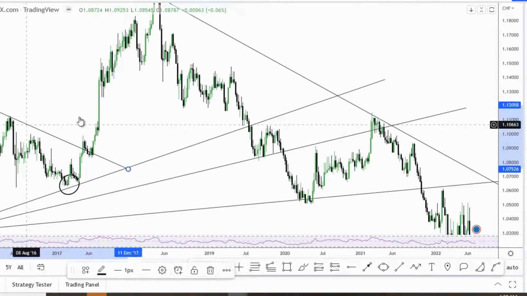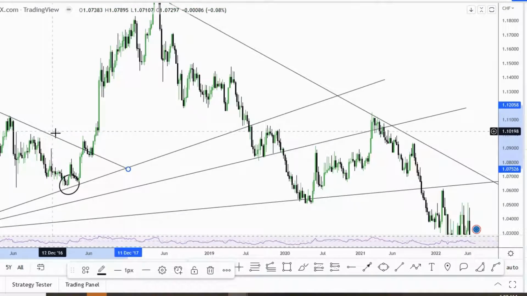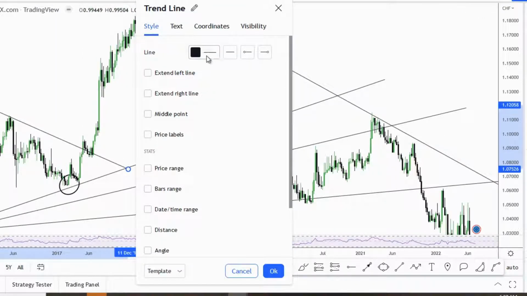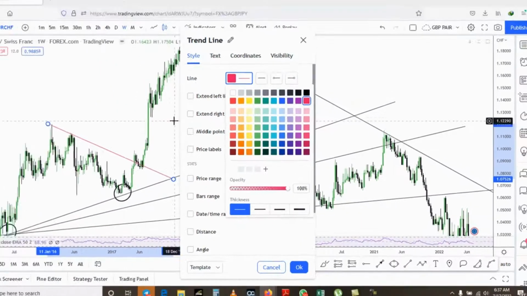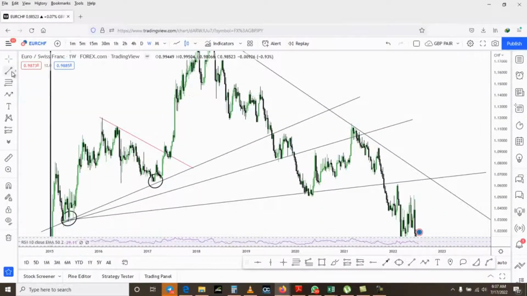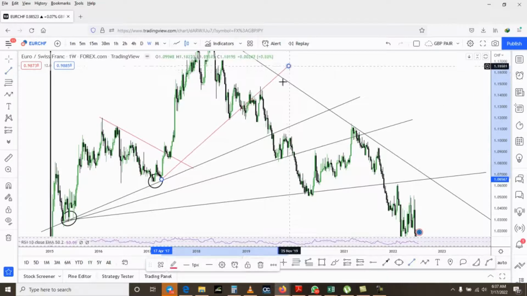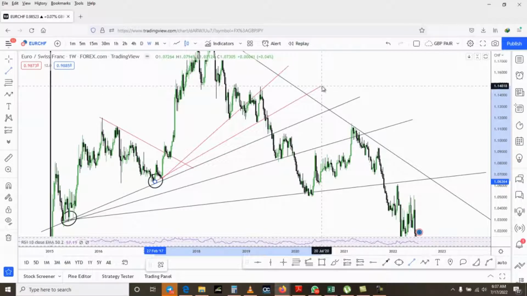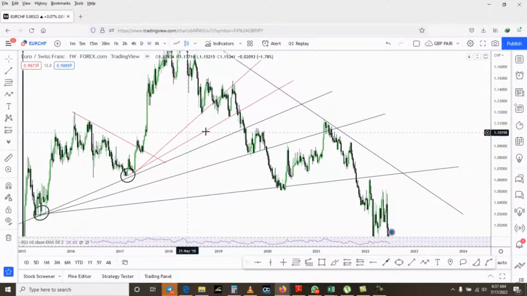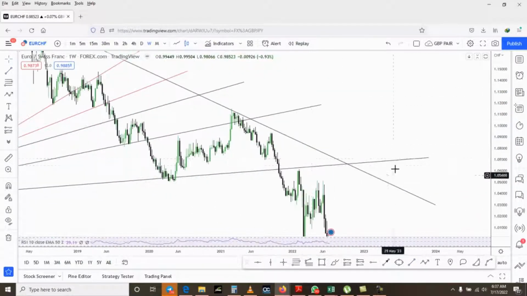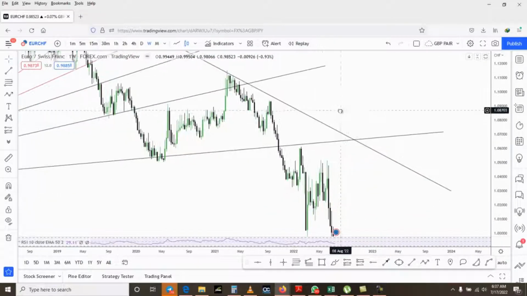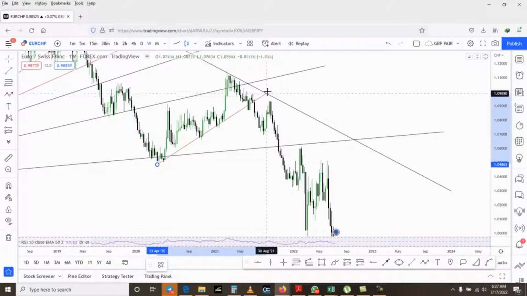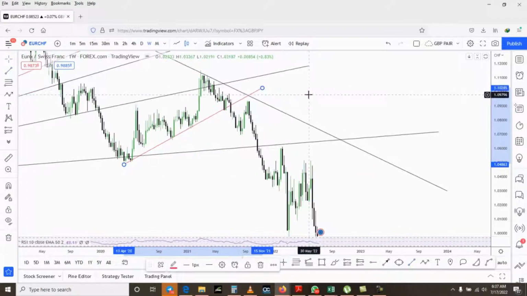The color code for this is pink. Yep. Then from here, I see another trend line here. I see another trend line here. Then I see another trend line. I remember this trade. I remember this particular one.